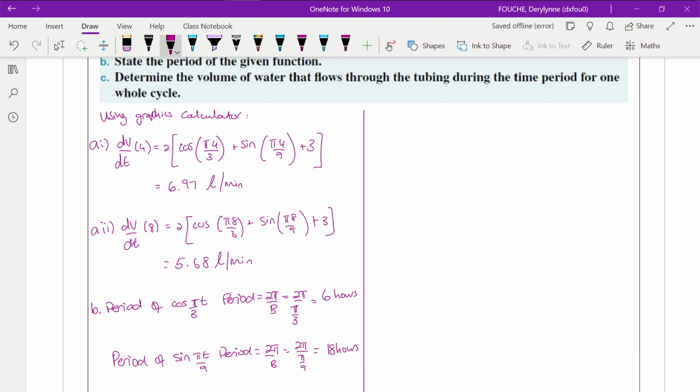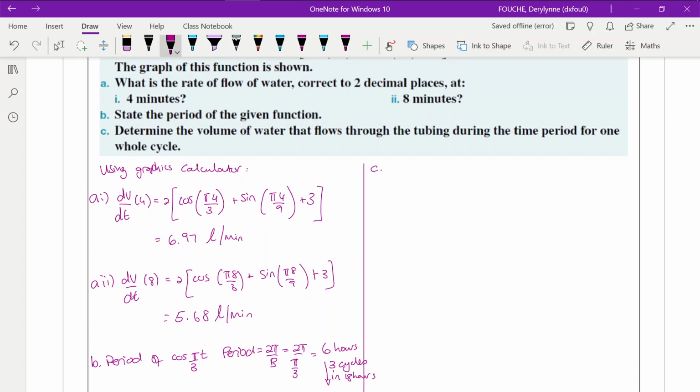And what you'll notice is that 6 can go into 18, all right? So that means I have 3 cycles of my cos in that 18 hours. So my period is 18 hours.